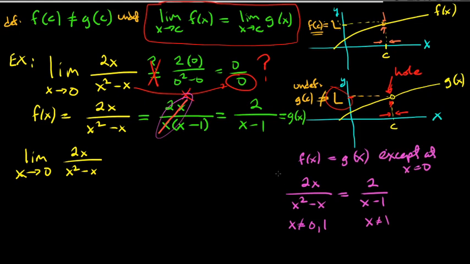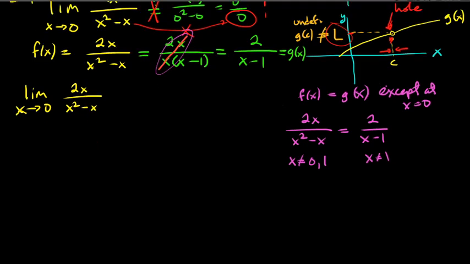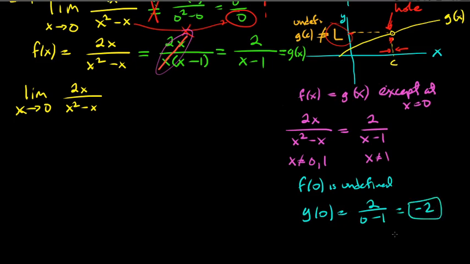So what happens when x equals 0? F of 0 is still undefined. But what's g of 0? G of 0 is just 2 divided by 0 minus 1, which is negative 2. Negative 2 is not undefined, so at 0 these two functions are not equal.